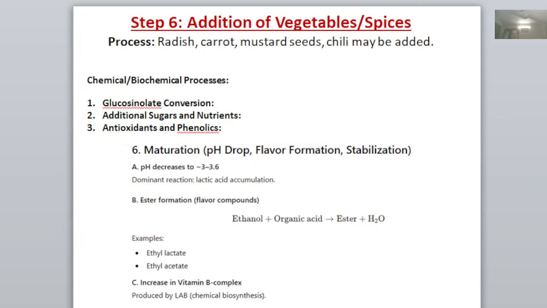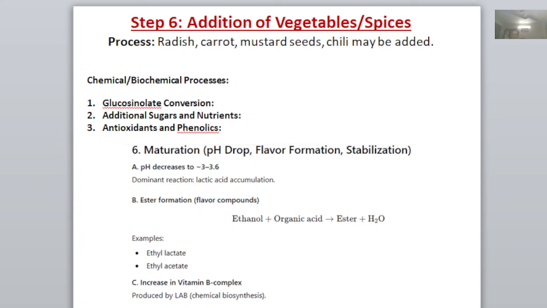If I'm saying vegetables and spices, one example is beetroot, and mustard seeds, which provide isothiocyanate salts, which give taste to this one. So basically, the purpose of adding these vegetables or spices is, one, the flavor, and another one is taste.